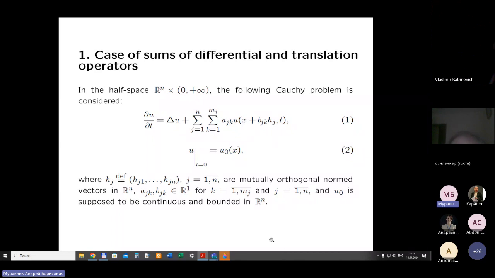They are normed, and coefficients a_jk and b_jk are just real scalar coefficients. The initial value function is supposed to be continuous and bounded in R^n. So we consider this Cauchy problem.